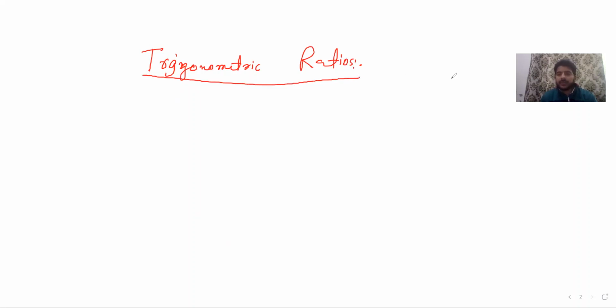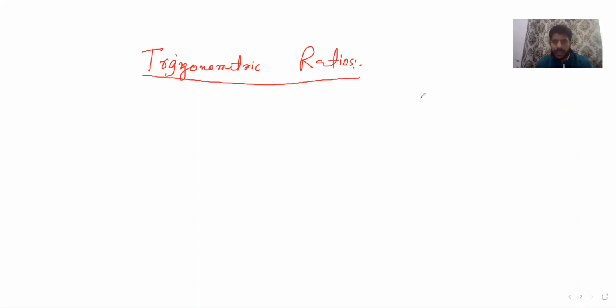So firstly let me write down this thing, that is trigonometric ratio. So trigonometric ratios are defined in terms of some angle.